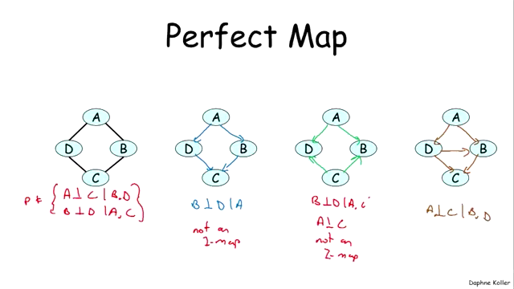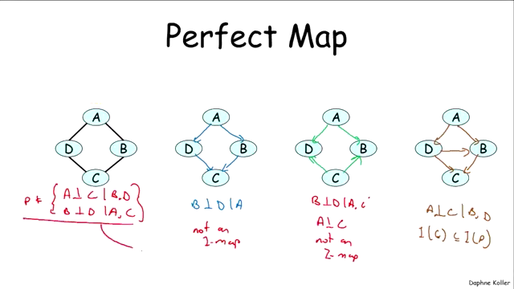And so this, in fact, is an IMAP for the distribution because in this case, I of G is a subset of I of P, which is this set over here, but it doesn't capture all of the independencies. It only captures one out of the two. So this is a distribution that does not have a perfect map as a Bayesian network.